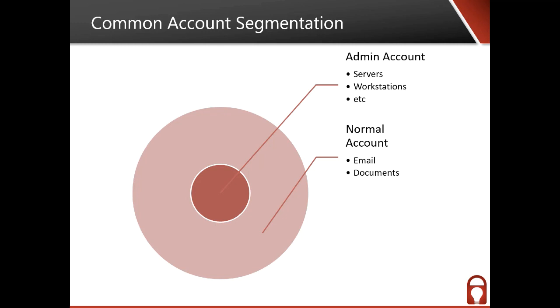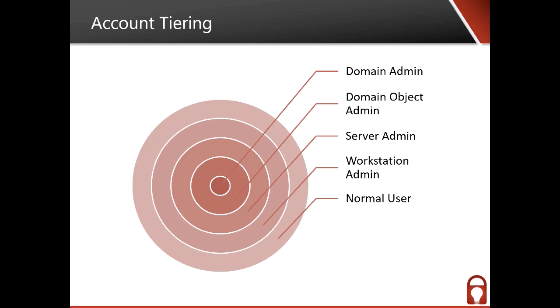And what they mean by that is something like this, where you do account tiering, right? You have a normal user account, and then maybe you have an account that does workstation admin functions, and a separate one for server admin, and then another one that's used to do administrative access to objects in a domain, and then finally a domain admin account that's only used to do domain admin functions, which are things like, promote a new domain controller, demote a domain controller, etc., not used in everyday use.